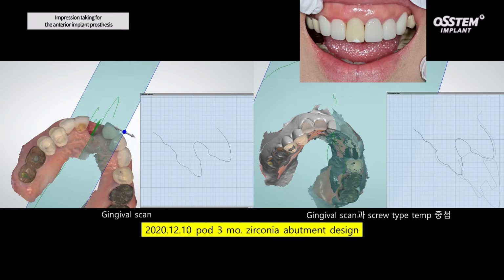So the right side image is when the temporary is delivered, when we create the temporary, so the gingiva right after surgery is the right side, and the left side is after 3 months, the final scan when we deliver the final abutment. So if you see these two, in the buccal volume, you see there was quite a change.